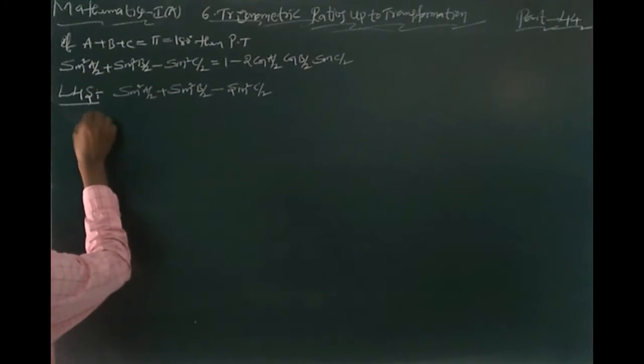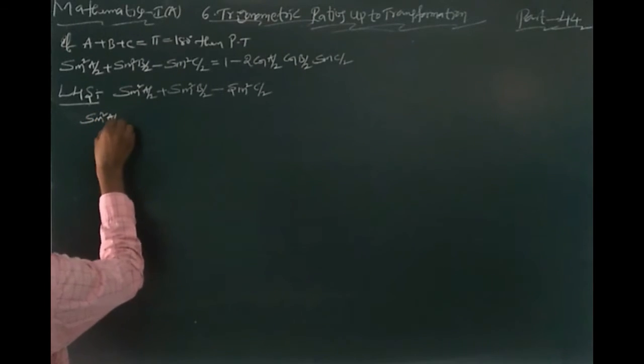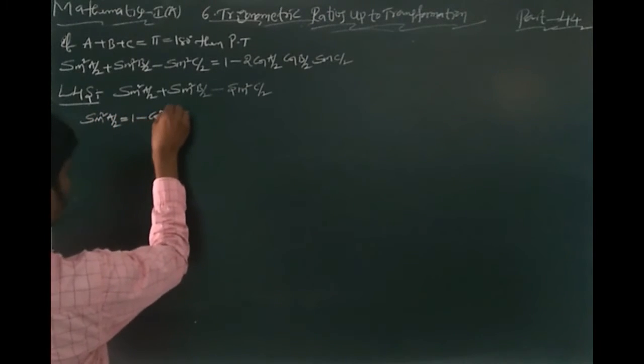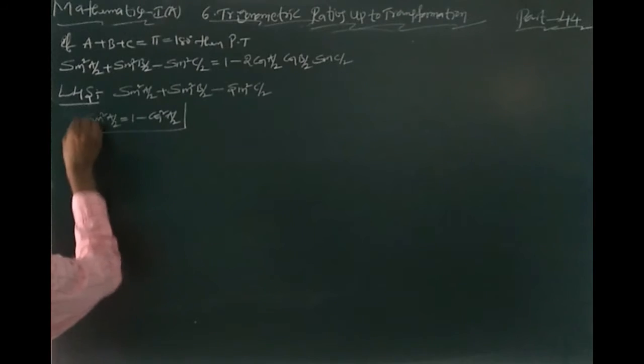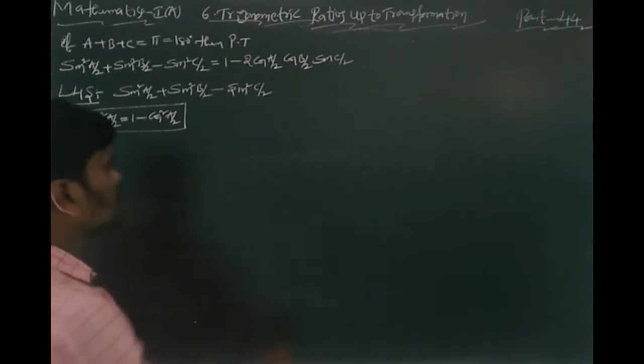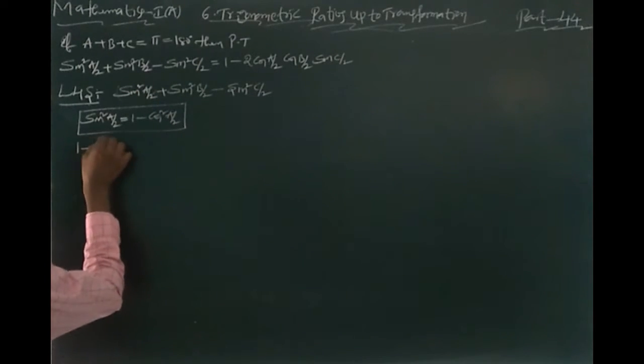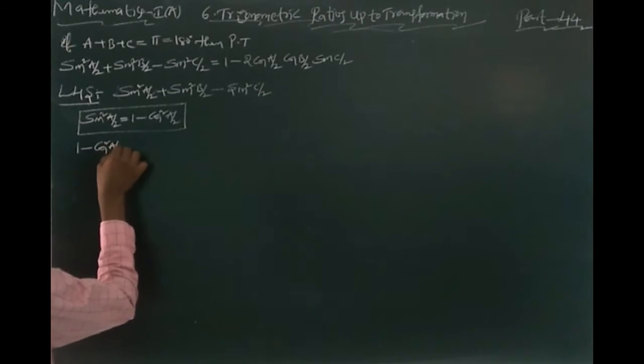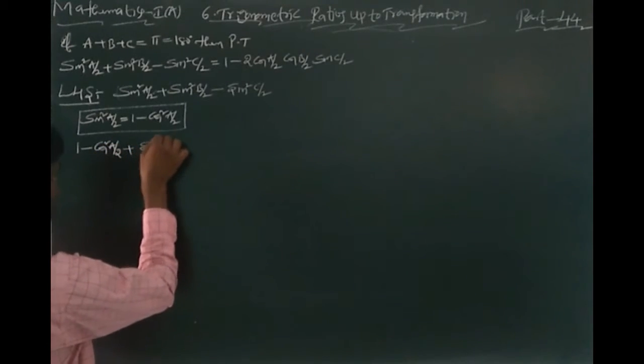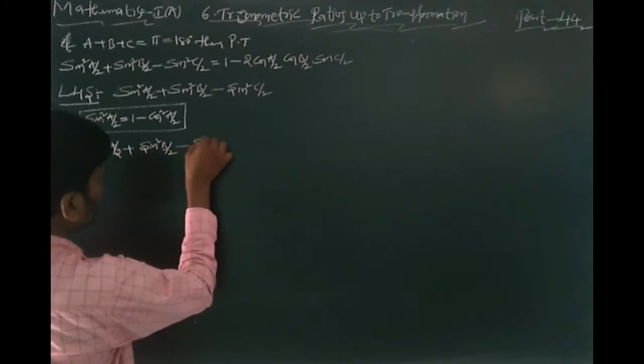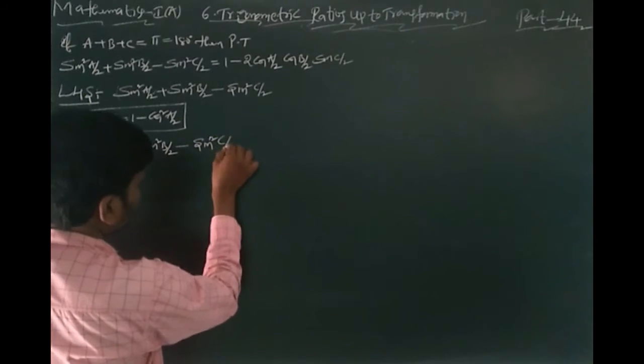Sin square A by 2 is equal to 1 minus cos square A by 2. Write this down. You get sin square A by 2 equal to 1 minus cos square A by 2 plus sin square B by 2 minus sin square C by 2.